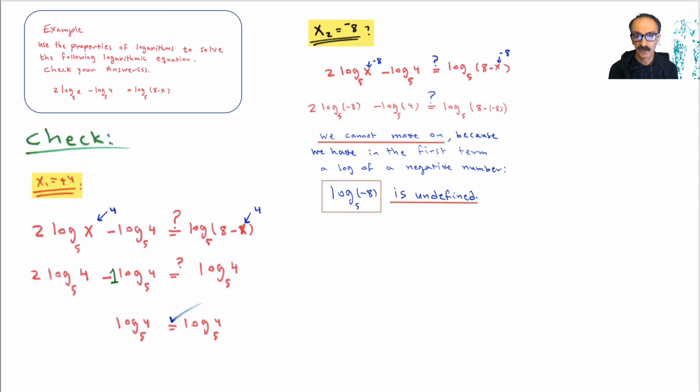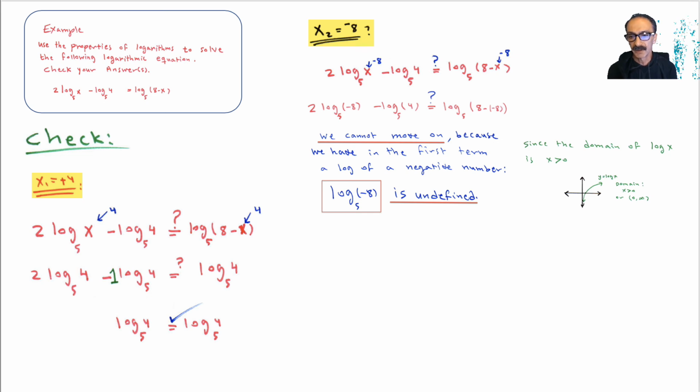We cannot move on because we have in the first term a log of a negative number. Log negative 8 is undefined. You could test it on a calculator and there is more support why we don't have such a thing as log negative 8.